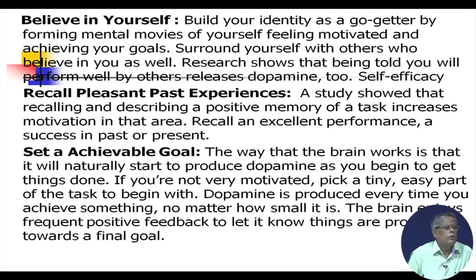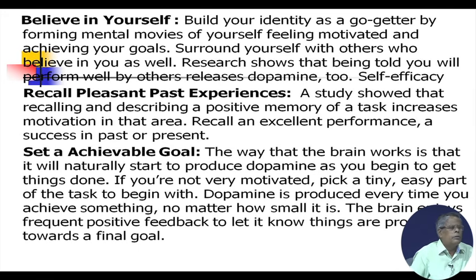Research shows that being told you will perform well by others releases dopamine too. In psychological terms, we call it self-efficacy. If the person feels that he has the ability to perform, the ability to adjust with adversities or surpass difficulties, he can do it.